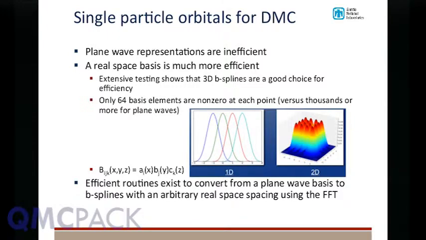There are a lot of different choices for what splines you could use to do this. 3D B-splines have been found to be a good choice. This is an example of what the 3D B-spline basis looks like. For any point in real space, you've only got 64 non-zero basis elements that you potentially have to evaluate. And it's very easy.